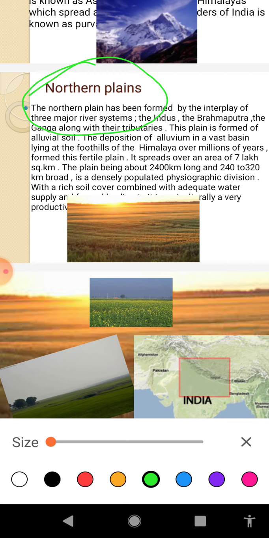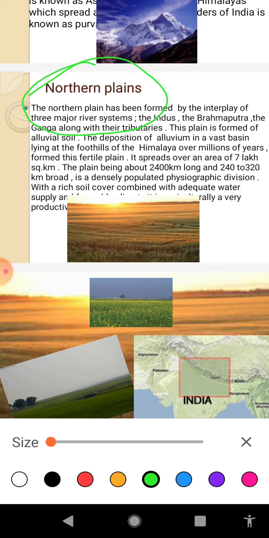First point we can mention here is that the Great Northern Plain of India is made up of fertile alluvial soil. It is a flat surface, and the plain of India is of great economic and social significance.